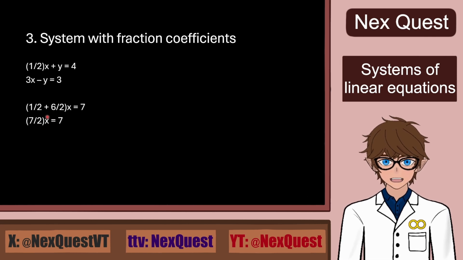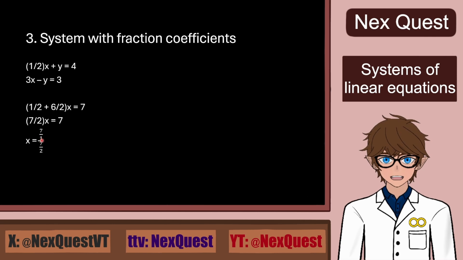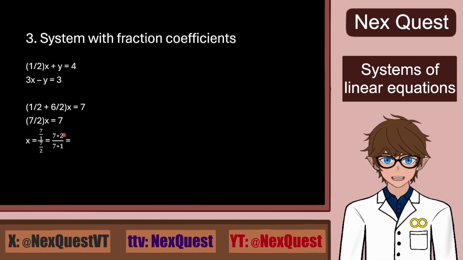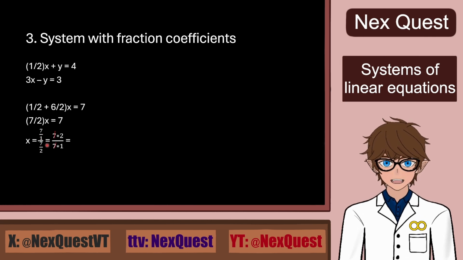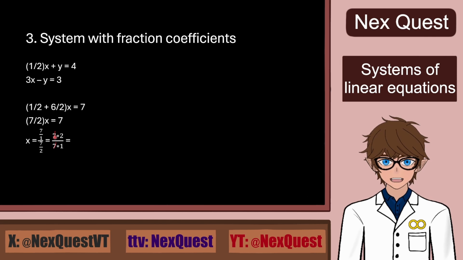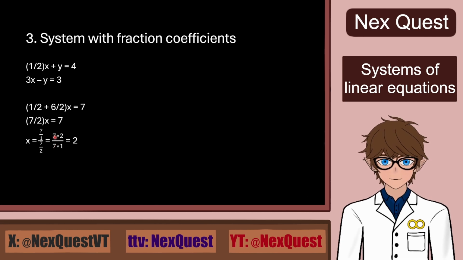So 7 from 7 wholes stays above and is joined by the 2 from the 7 halves, and the rest is under, like so. So the inner are combined under the division line and the outer are combined above the division line. So this 2 moves up, this 7 moves up, and we get this. Now we can cancel out the 7s because it's division, and we get 2.